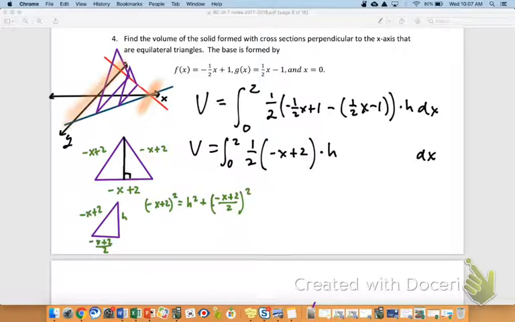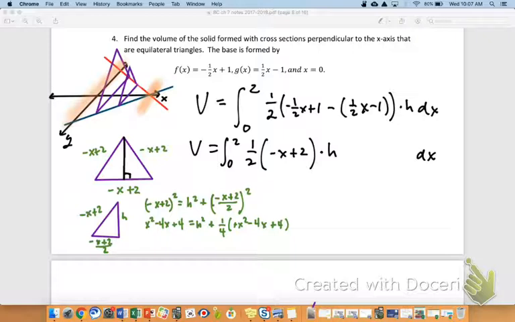Hypotenuse squared equals the sum of the legs squared. And then we'd have some algebra to do if we wanted to get that h all by itself. So it would be x squared minus 4x plus 4 equals h squared plus 1/4 times x squared minus 4x plus 4. Oops, it should be positive x squared. There we go.